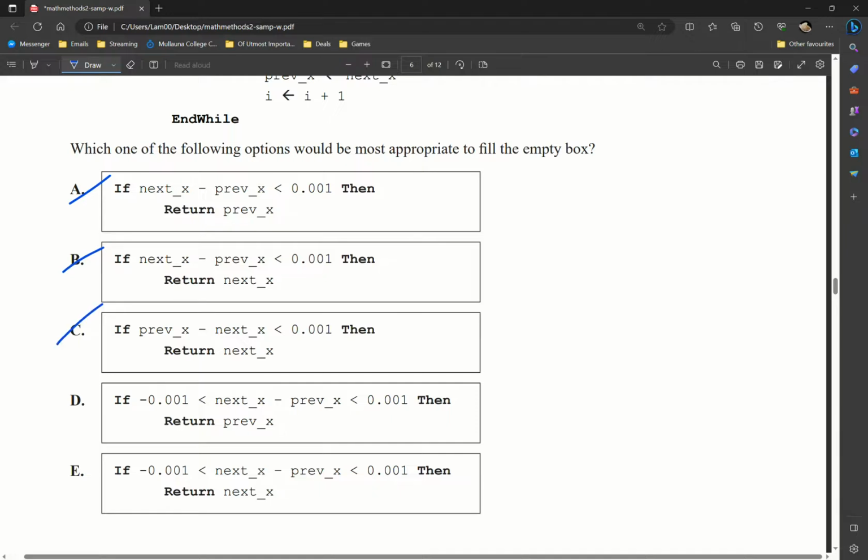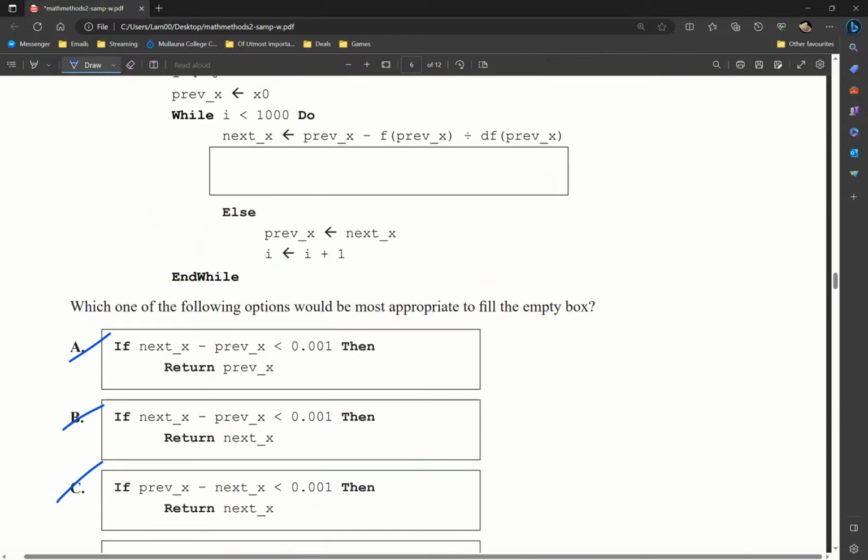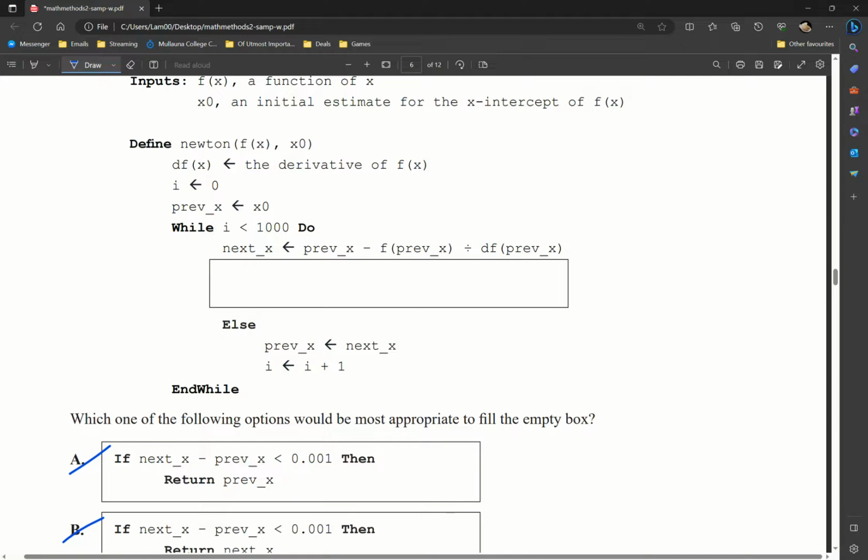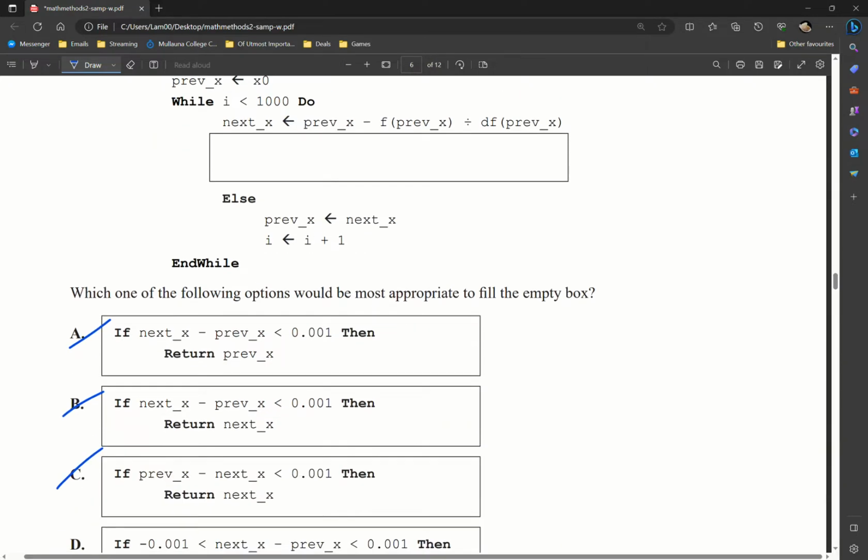We're focusing on D and E, where the only difference is return previous x or return next x. What it means by return is like the enter button on your calculator. Return means you're putting that value into the next line. The next line after our empty box is else, which means that the pseudocode is saying, whatever number you give me, if it's not this, else we'll continue with this. So what we should be doing is understanding that we are trying to accept the next value of x unless it's outside of that parameter.